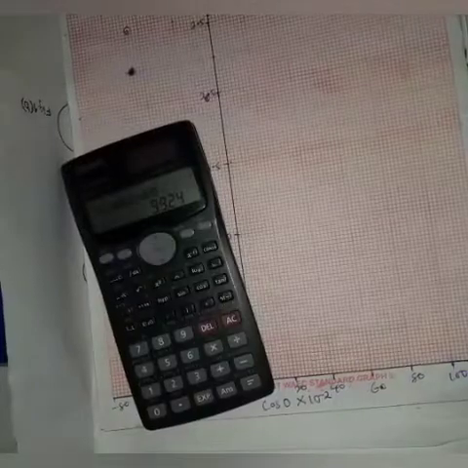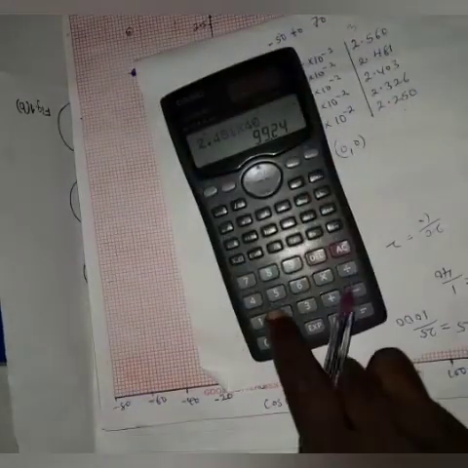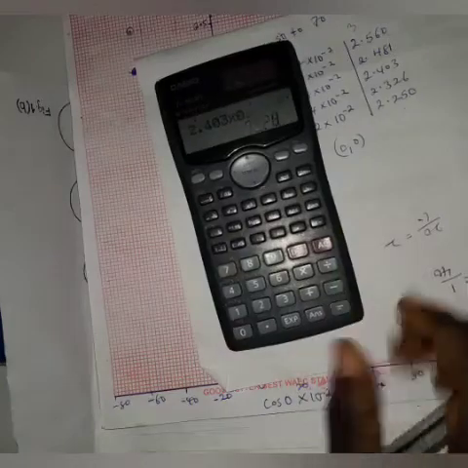So the next one, now let's note, we are going 24 places on the horizontal. So this we are going to have 2.403 times 40.